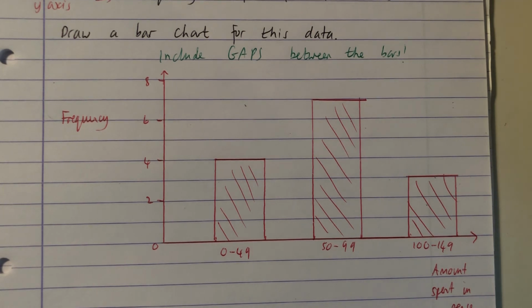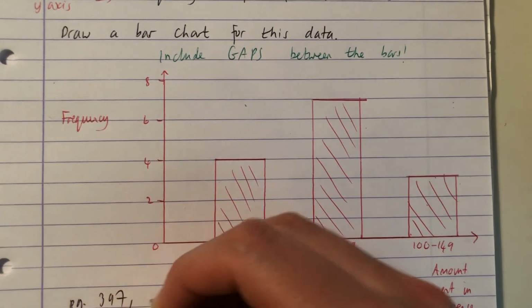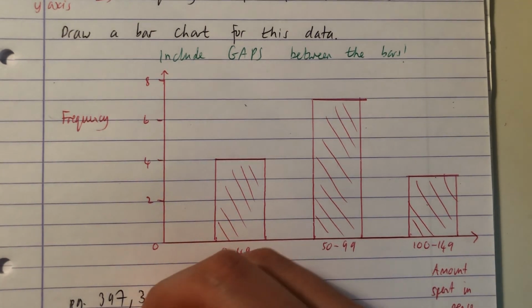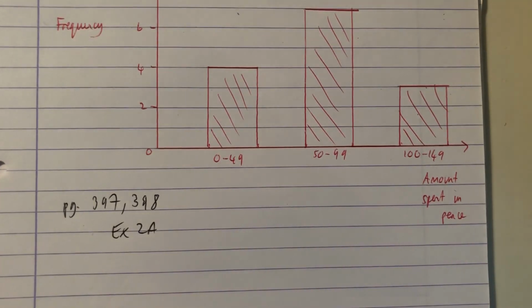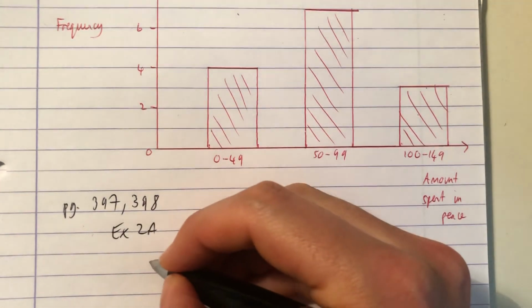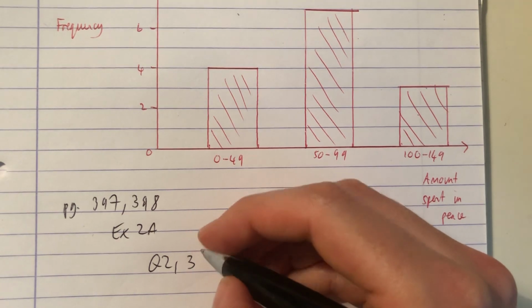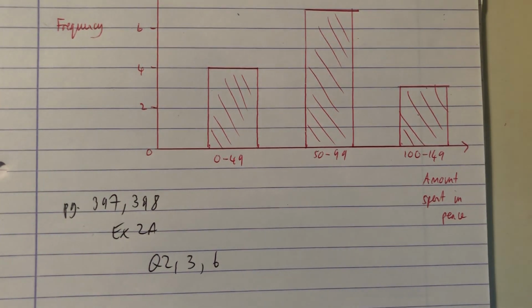If you find page 397 and 398, it's called exercise 2A, and I don't need you to do everything. The questions I'd like you to complete are question 2, question 3, and question 6. 2, 3, and 6 only.